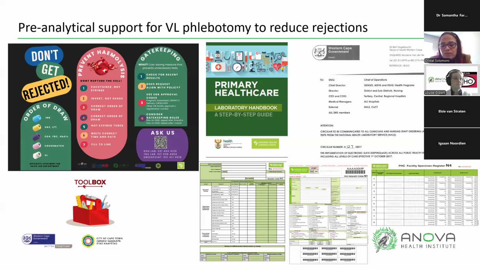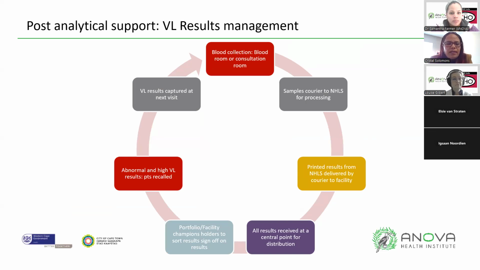And what's also very important is the completion of the N1 form and the N3 form that looks at stock management, because we encourage clinicians not to overstock or understock, and also to consider FIFO and ensure they're not using expired samples, because that will ultimately cause a rejection if they are.